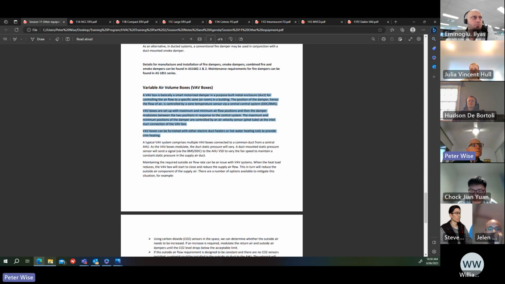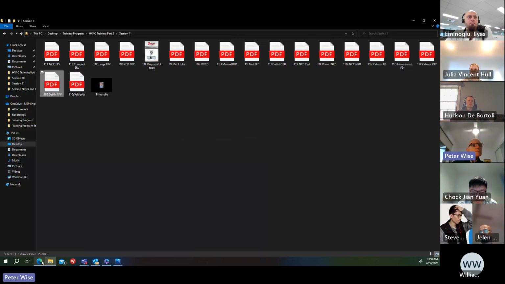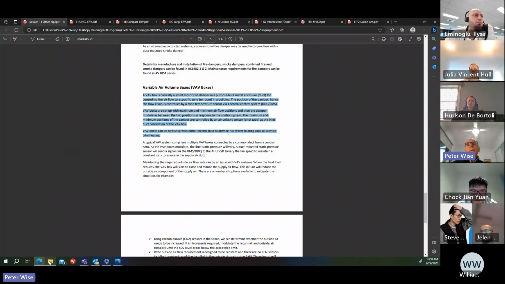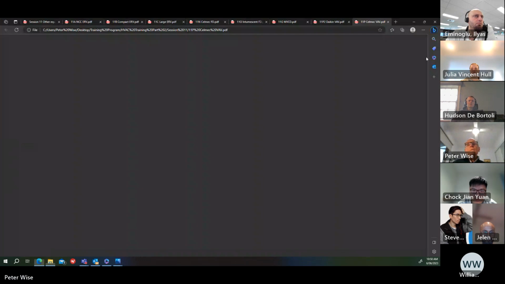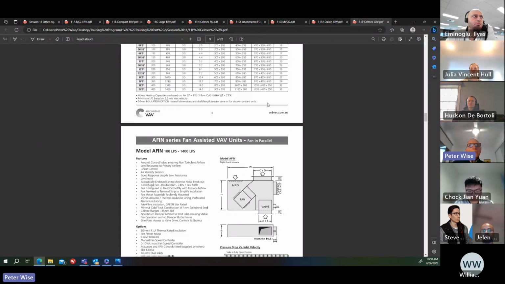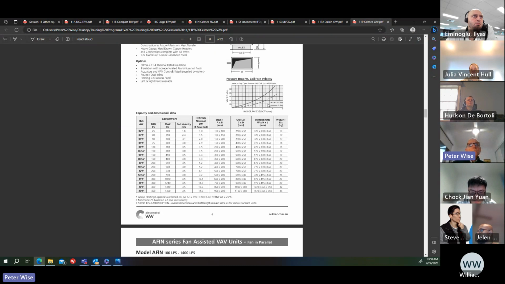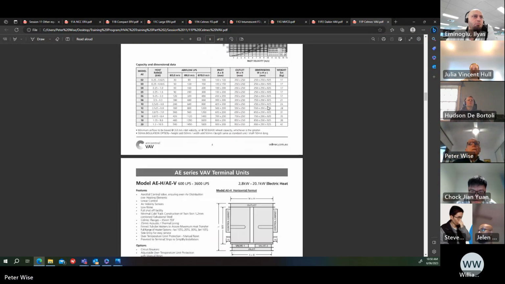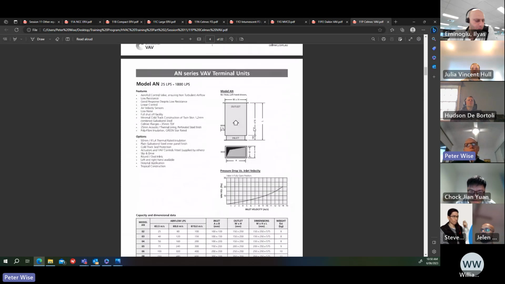So I'll show you some of these. Selmec is a big manufacturer of VAV boxes in Melbourne. There's various types available. A very basic one, it doesn't really show you the insides of it, but there's the duct. That shaft there is the damper shaft.